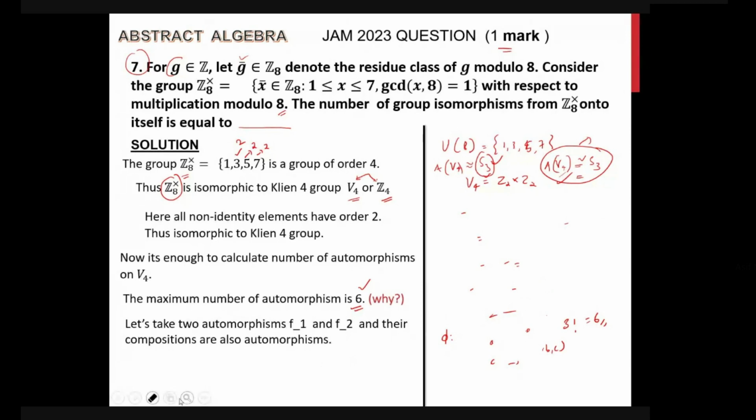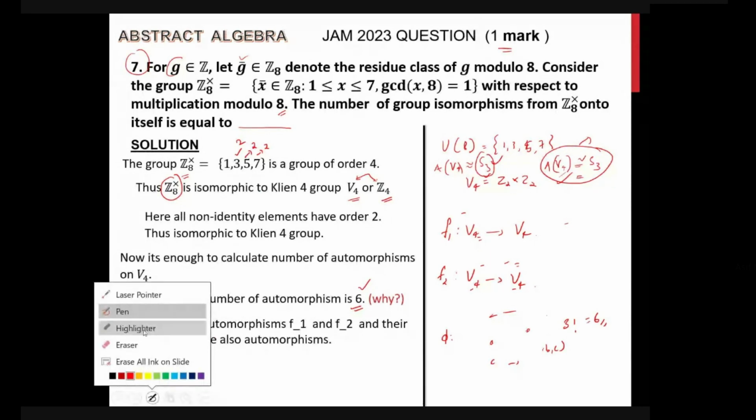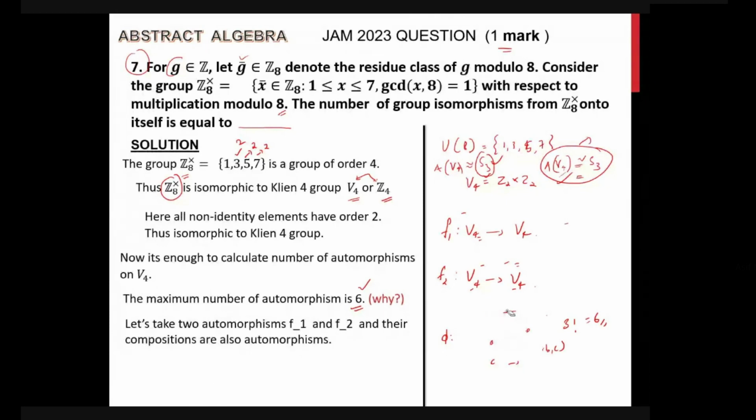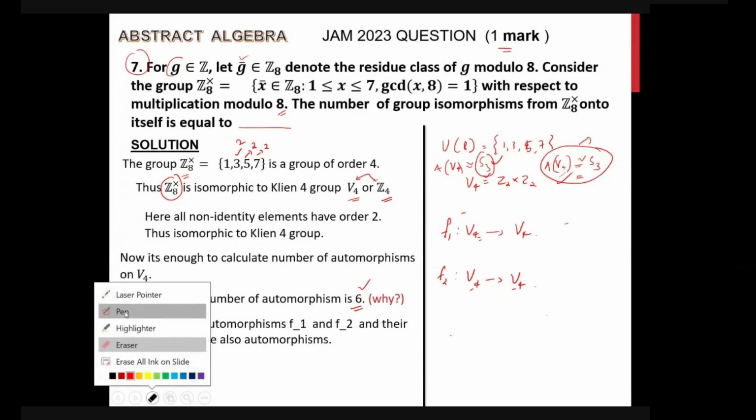so I'm taking any two automorphisms, F1 from V4 to V4 and F2 from V4 to V4. I think I will give you the hint, because it will take a lot of time if I solve this problem here. So you can try it out.